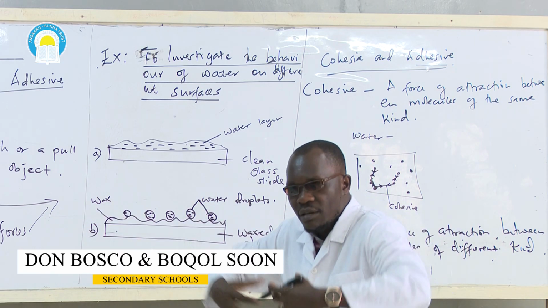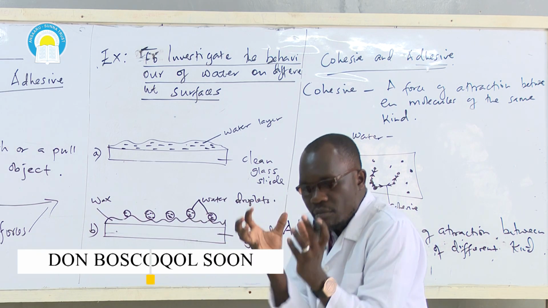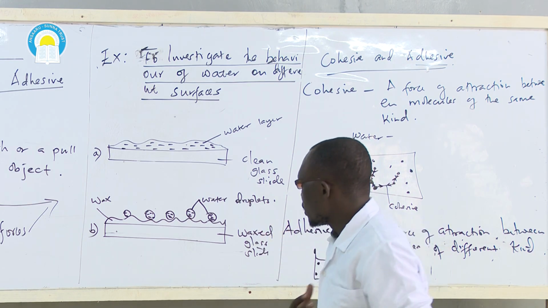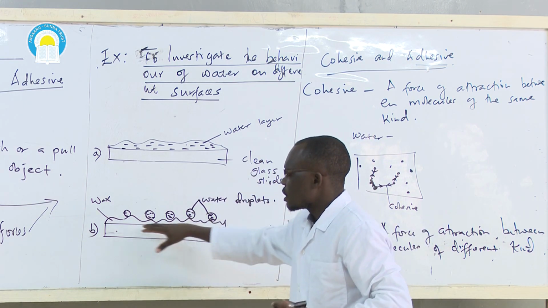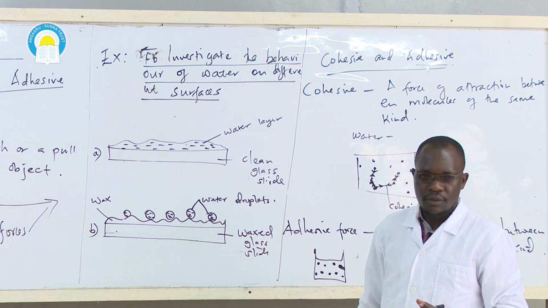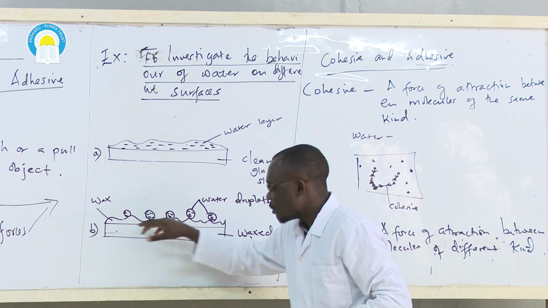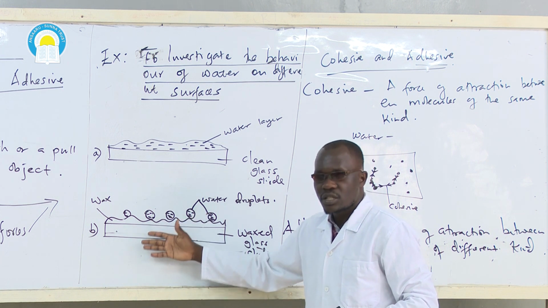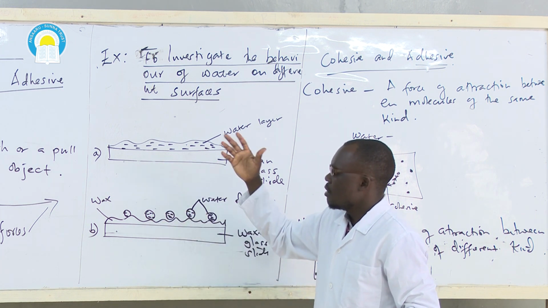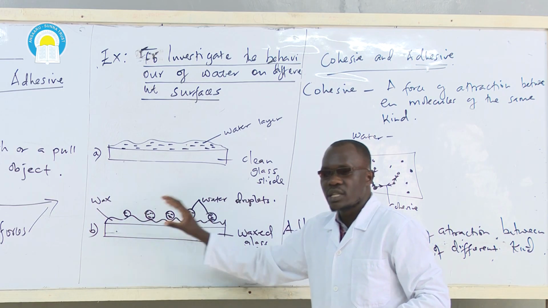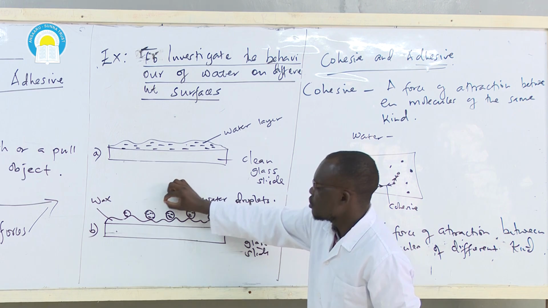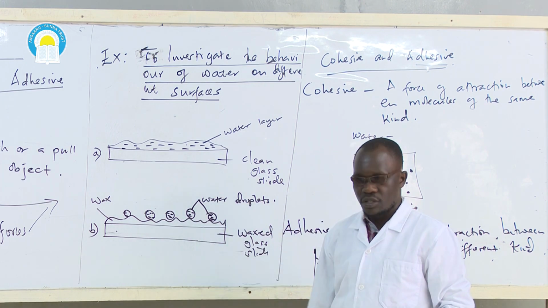There is a force attracting them closer together, so they form balls or round droplets, rather than being attracted to the molecules of the wax. So in our second diagram, there is a strong force of attraction between the molecules of water compared to the force of attraction between the molecules of water and the wax molecules.